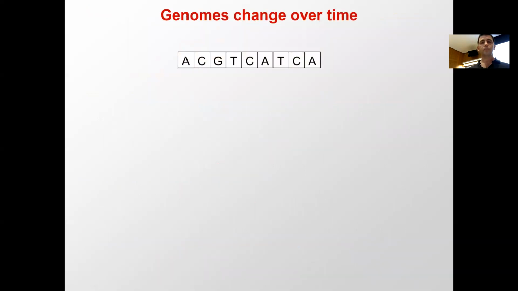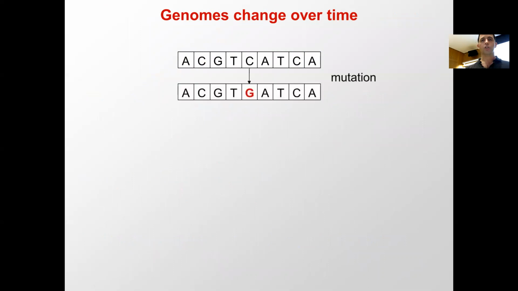Okay? So, basic introduction. Genomes change over time. So if you look at the types of events, we're now learning what are the primitives. Number one, it's mutation. So a C might, in the next generation, become a G. How does that happen? Well, that's usually that polymerase, DNA polymerase that copies DNA, makes a mistake.